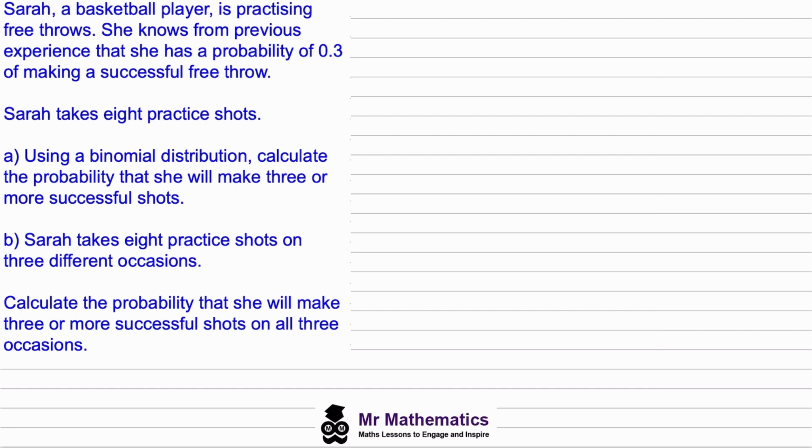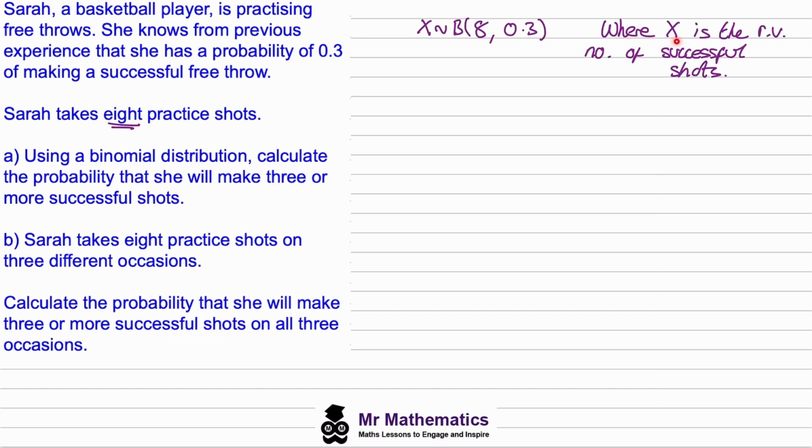So if we define our model, we'll say that X is distributed binomially with 8 trials given here, and a probability of success of 0.3, where X is the random variable, the number of successful shots. We want the probability that she will make 3 or more, so the probability that X is greater than or equal to 3. And this will be 1 minus the probability of X being less than or equal to 2.